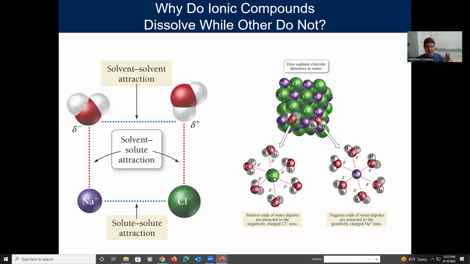And so what you can say here is the chloride anion is solvated by the water molecules. And you can look over here and say that the sodium cation is also solvated by the water molecules. And this solvation is due to the solvent-solute attraction that we have. Okay. So this is our big conceptual picture for why some ionic compounds will dissolve while other ones will not.